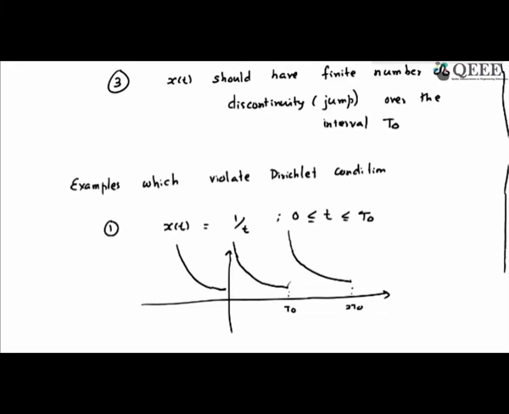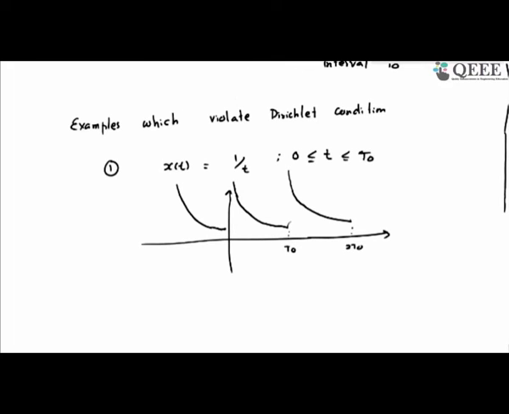So this function will violate the first Dirichlet condition. 1 by t is unbounded as t goes to 0. So this function is not absolutely integrable.